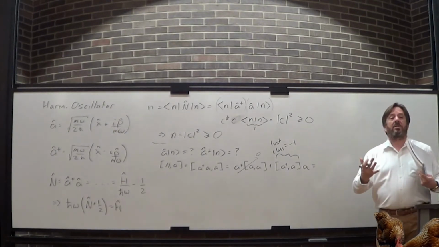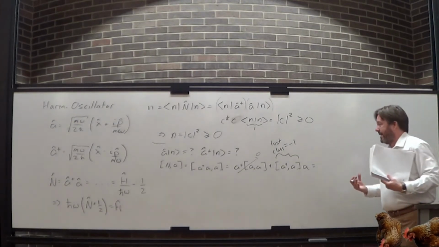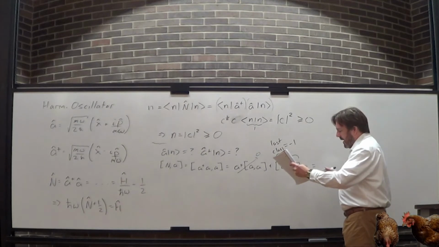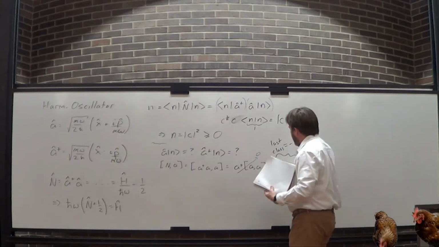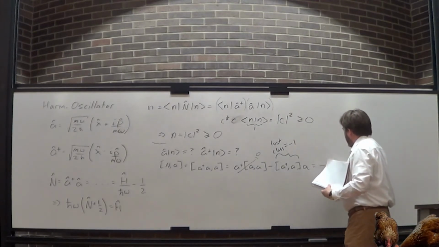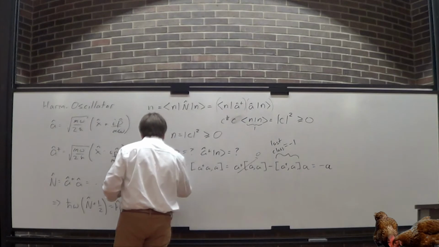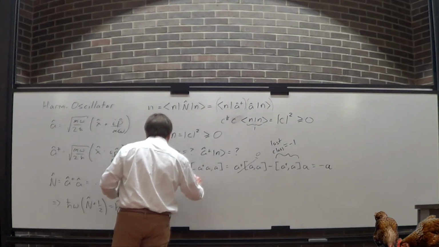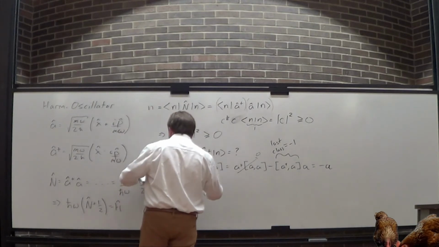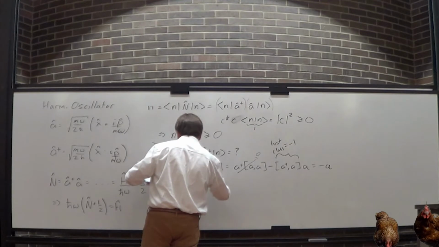It's usually just pages of algebra, which sucks, but is also a middle school skill. Okay, anyway. All right, so that makes this commutator minus, that makes that minus a. Okay, then n with a plus, the creation operator, that is going to end up, let me just cut to the chase here.